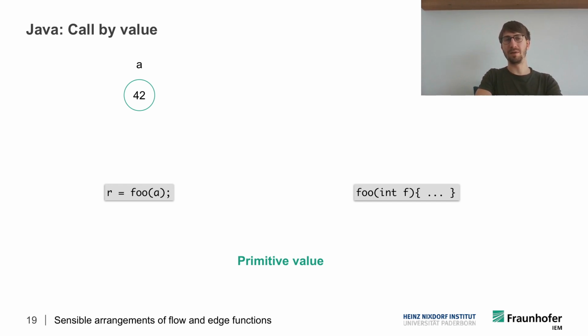The primitive value is then copied into the formal parameter f. So the 42 will end up here in f. But whatever is done inside of the method foo, even if f is modified, there is no copying back of the value inside of f to a. So it's only the calling direction.